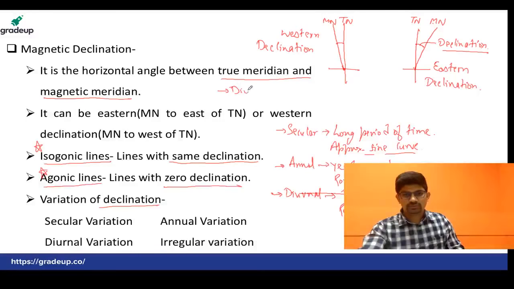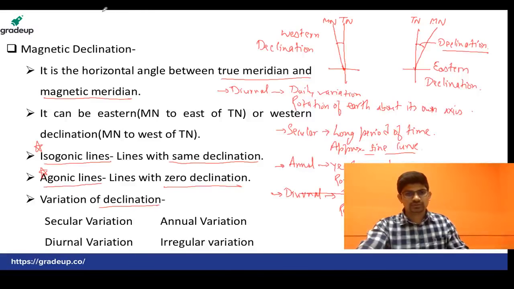Diurnal is daily variation, occurring due to rotation of earth about its own axis. Also I will write the annual variation here, as it is also not visible.